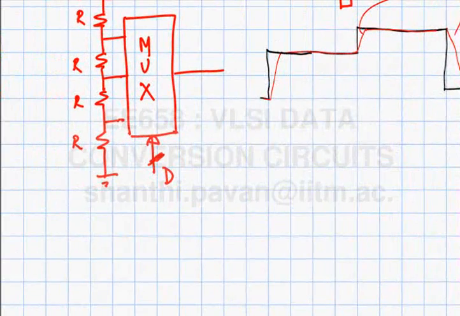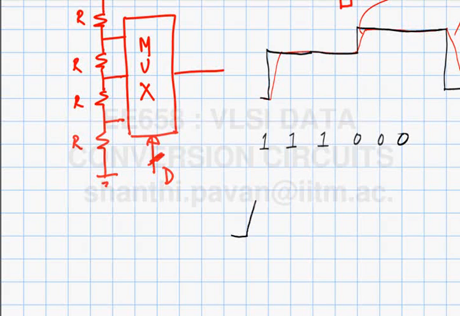Let's take an example. If I had a sequence 1 1 1 0 0 0 as the input sequence to a 1-bit DAC, what do you think will happen? It's like this. It goes up, stays 1, and then stays 1 again, and then falls off.